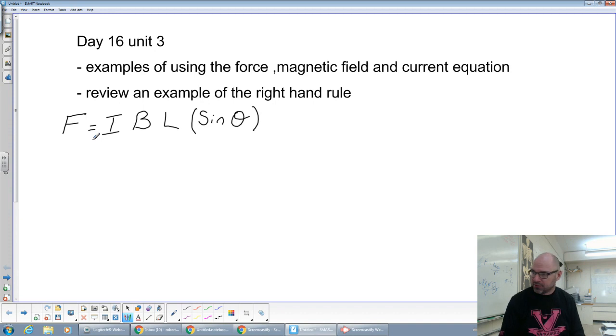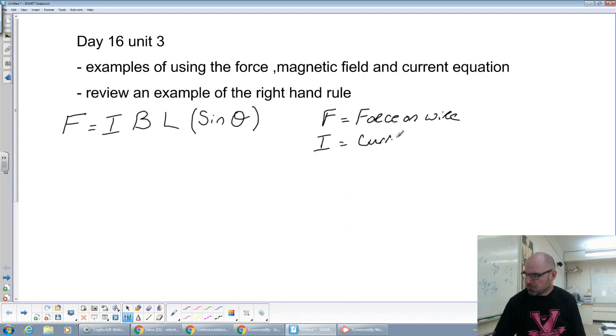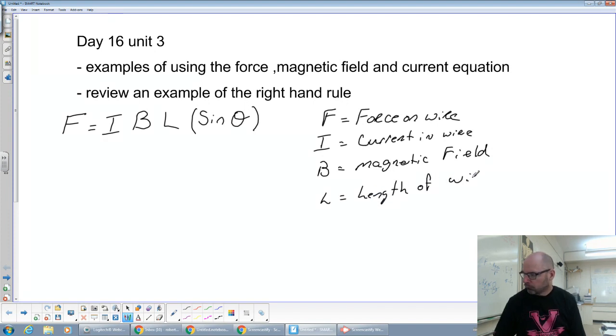Okay, so just to remind ourselves: F is the force on the wire, I is the current in the wire, B is the magnetic field strength, L is the length of the wire, and of course theta is the angle between the magnetic field and the current.